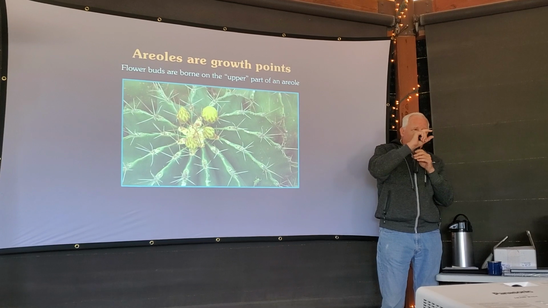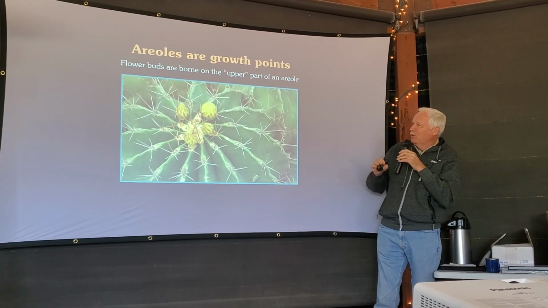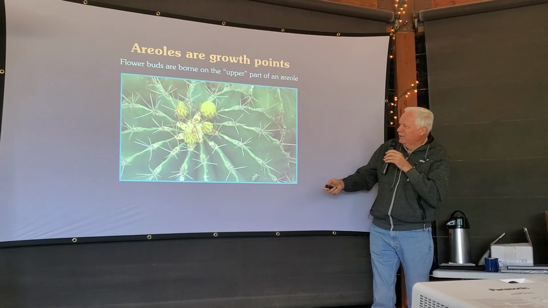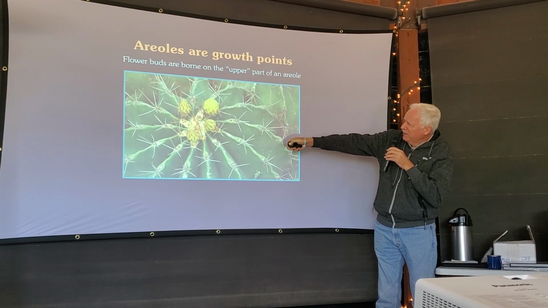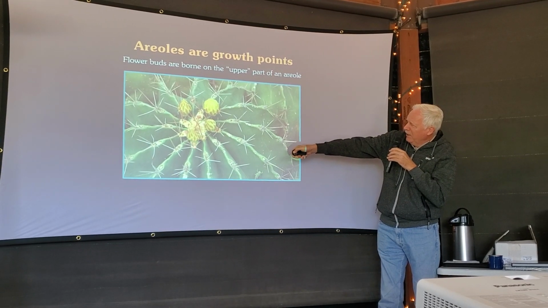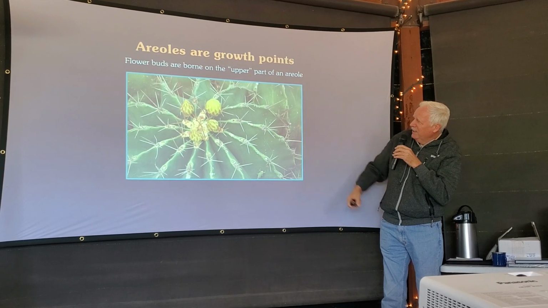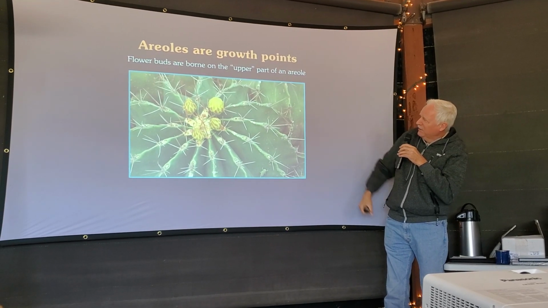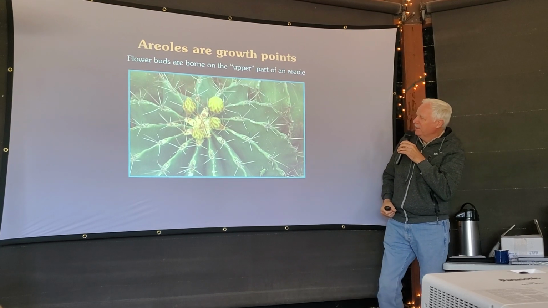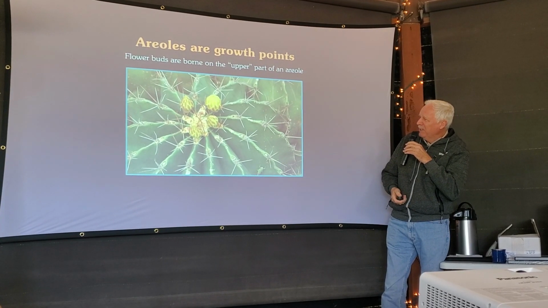So when you have an elongated areole, then the flower bud comes at the top or closest to the apex, the top of the plant. So the plant grows from here. So the top of the areole is on that side, even though sometimes when the ribs go down, it's the lower part of the areole, but it is closest to the growing apex of the plant.